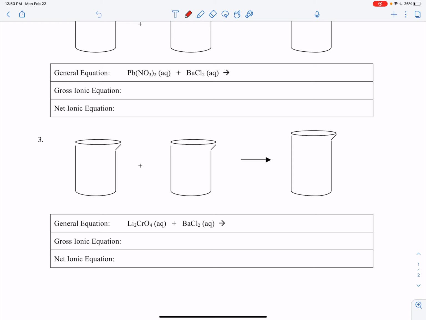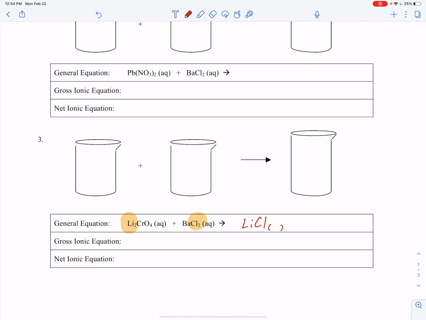All right, so let's go ahead and write out the general equation. In order to predict the products of this reaction, you would just need to swap their partners, right? So if we take lithium and partner it up with chlorine, we would get lithium chloride. And I know it's LiCl and not Li2Cl or LiCl2 because lithium has a +1 charge and chloride has a -1 charge.